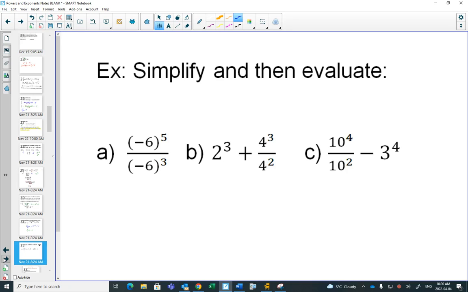Try these 3 on your own. I'll put up the answers a bit. It does say simplify, so that means use your exponent rules as much as you can. And then afterwards it says evaluate, and evaluate means come up with a final answer. Try to do it without your calculator, and then afterwards you can check with your calculator.